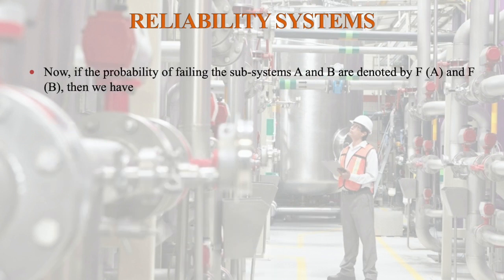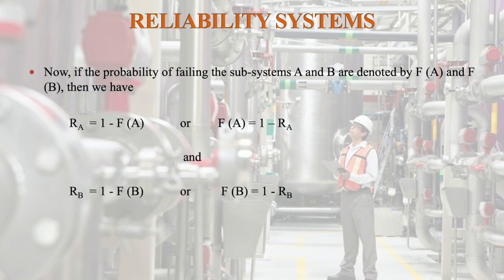Now if the probabilities of failure of the subsystems A and B are denoted by FA and FB, then we have RA equal to 1 minus FA, or FA equal to 1 minus RA. And for the second component, RB equal to 1 minus FB, or FB equal to 1 minus RB.